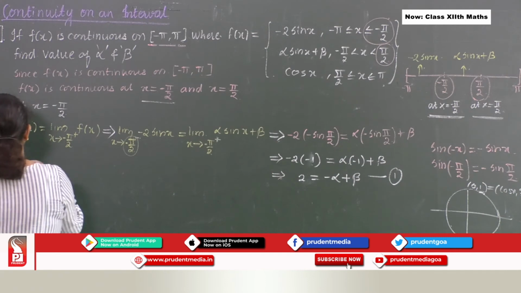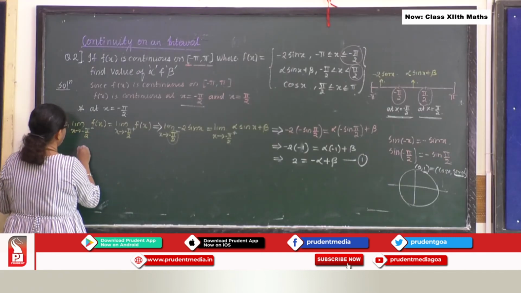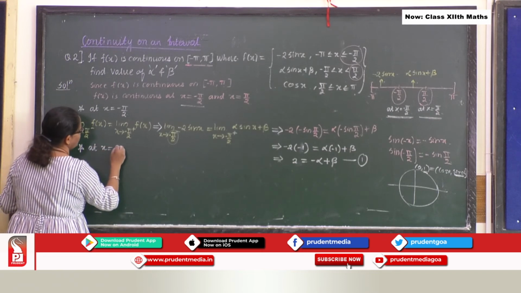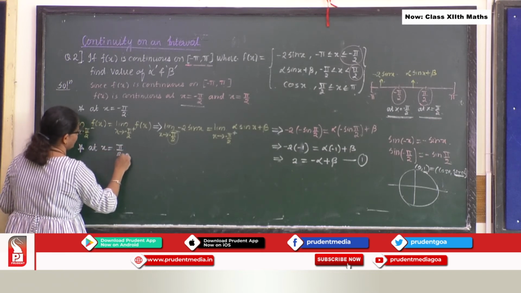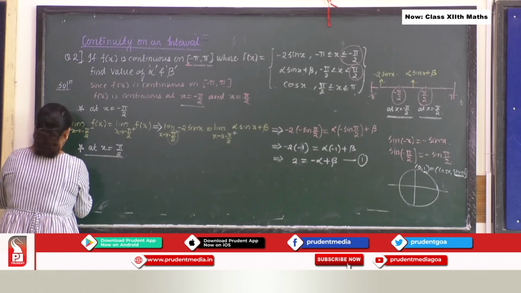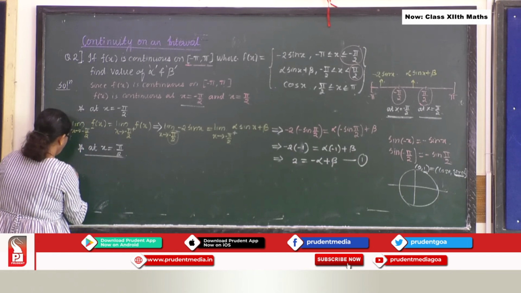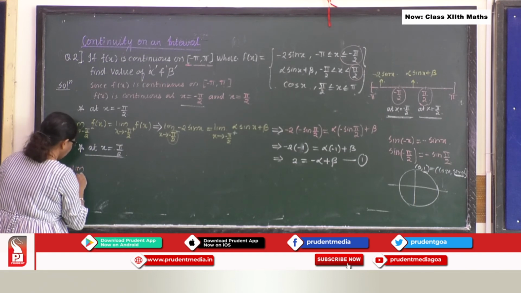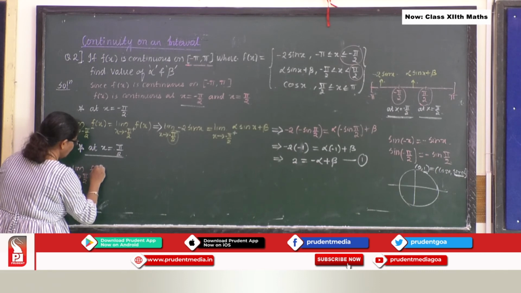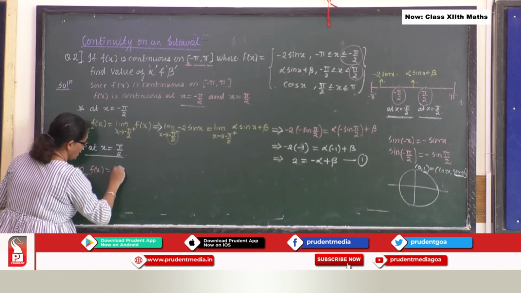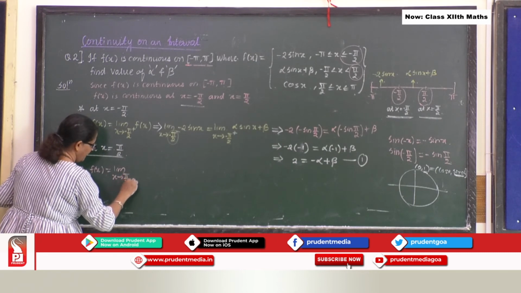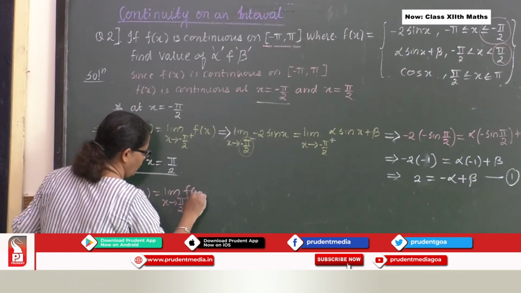So we proceed further with the second one, at x equal to pi by 2. The same thing will proceed. Here I take limit x tends to pi by 2 minus of f of x, which is equal to limit x tends to pi by 2 plus of f of x.